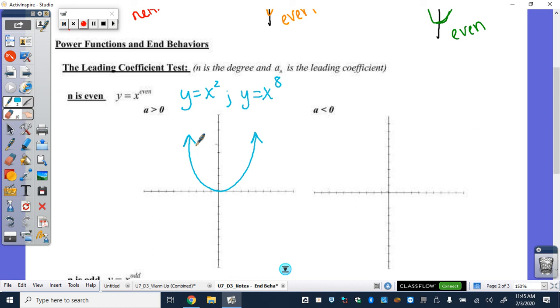Now the way that we write this, we have to get a little fancier with our writing. Instead of saying left side, right side, we have to use this notation. X approaches positive infinity. This means the right side. And then as x approaches negative infinity, that's referring to the left side.